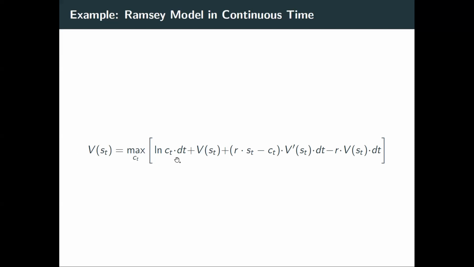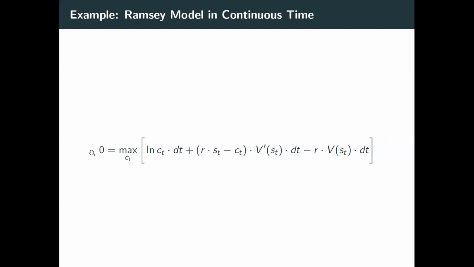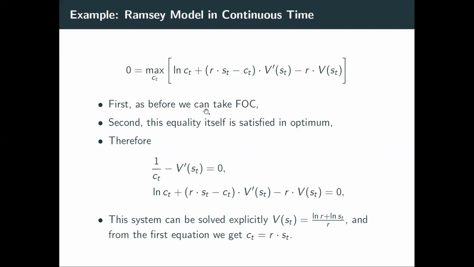So everything that remains should be of order dt. So I cancel it out, and what remains is like that. And then I can cancel out dt. No matter that it's infinitesimally small, remember it's strictly positive, so I can cancel it out, and eventually I arrive at something like that.